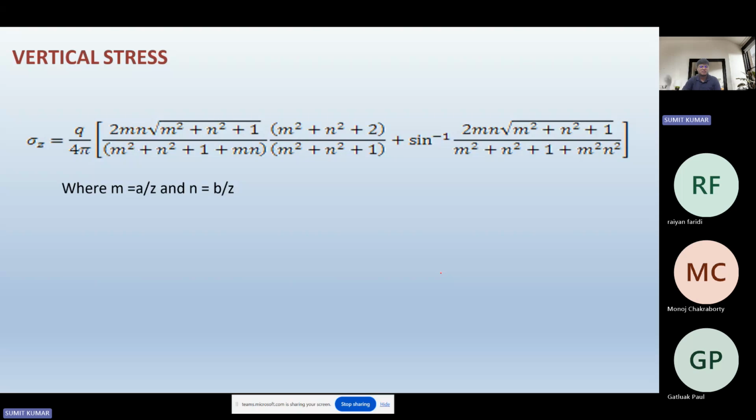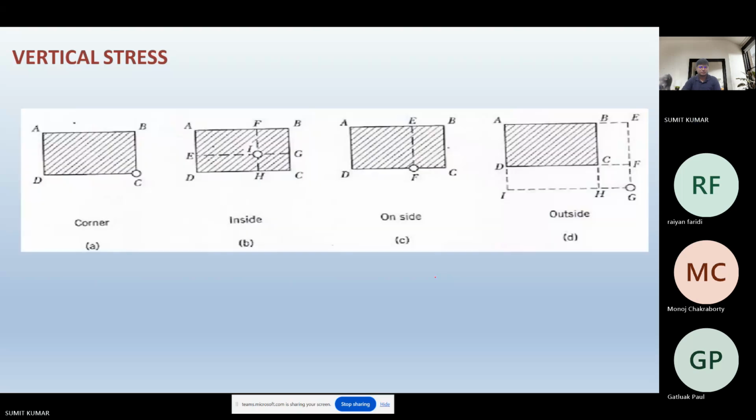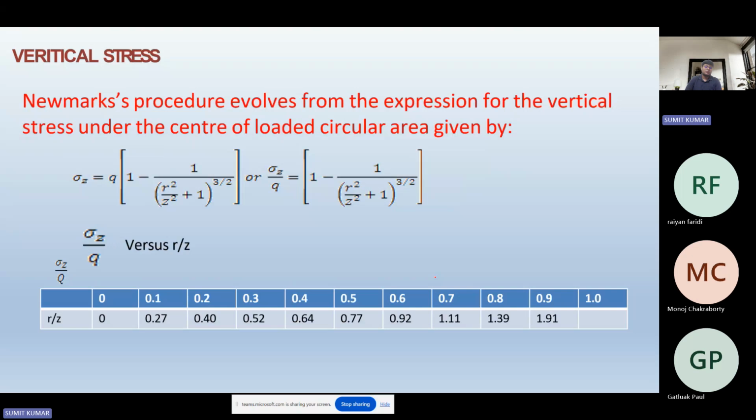That might not be mentioned over there. So the vertical stress we can calculate at the corner, and inside any portion. How we calculate the R, we already understood, on the side as well as outside. So the numeric procedure is also explained in that direction.